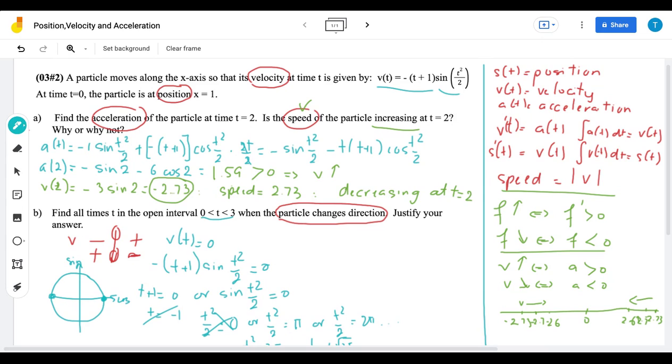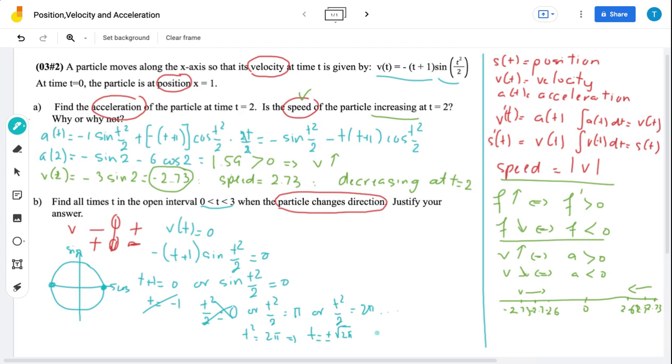So let's see, what is square root of 2 pi? All right, we have square root of 2 pi, which is 2.5. So t is equal to 2.5. We don't accept the negative. I think that's enough, because we know the next one will pass 3.